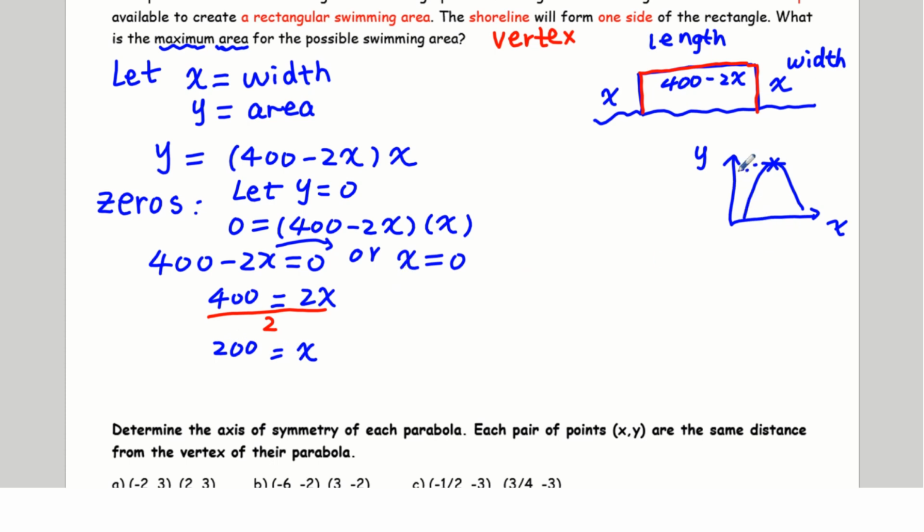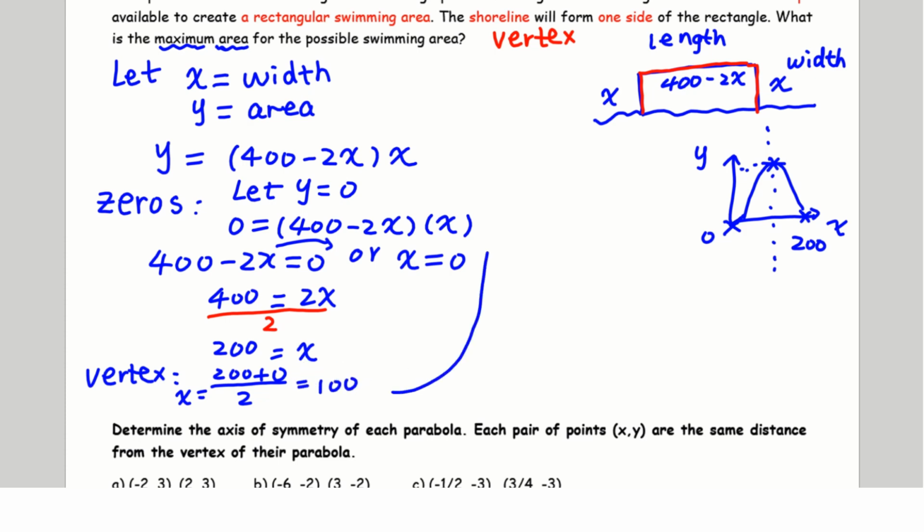So the two zeros are 200 and 0. This one starts from 0, another one is 200. The midpoint of these two zeros will be the x value of your vertex. So for the vertex, the x coordinate is half of the two zeros, the middle of the two zeros. So x equals 100.